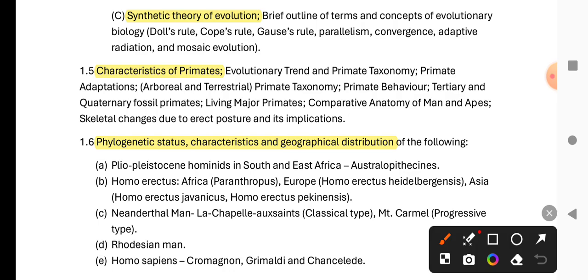Further, Simons and Smith studied all the discovered fossils and published in Current Anthropology in support of the multicentric theory of evolution.